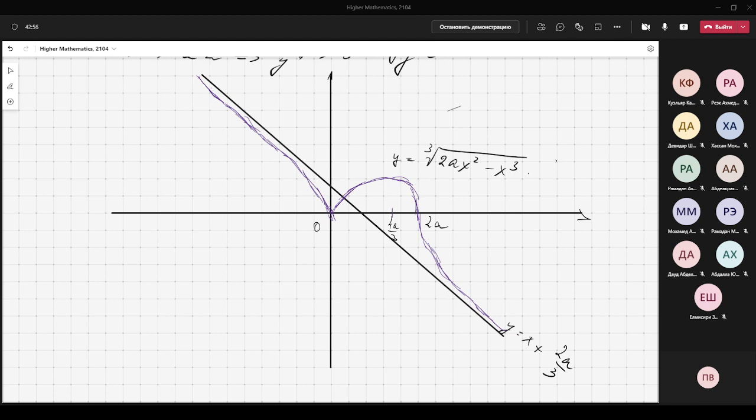The asymptote of this function we must determine using the formulas that I gave you in our last lecture.